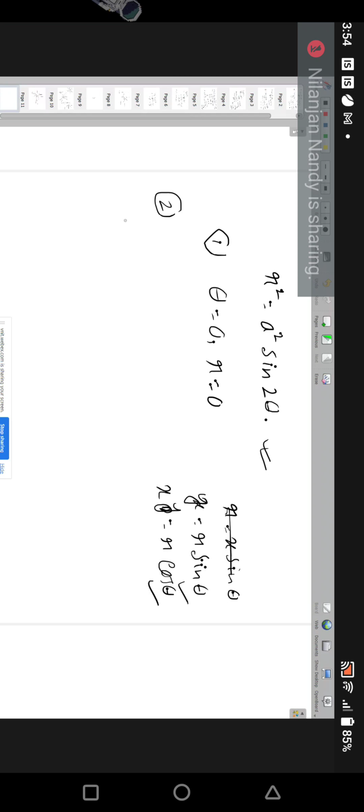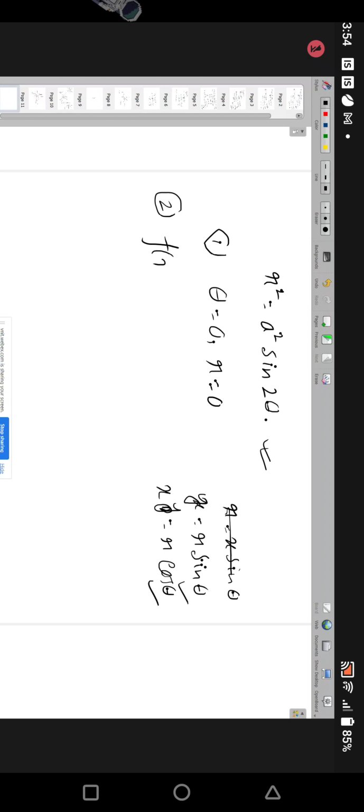Okay, so first I'm writing this curve as f of r, theta.